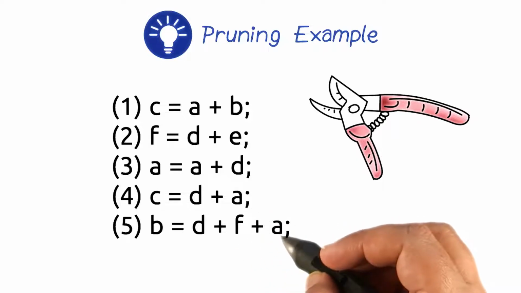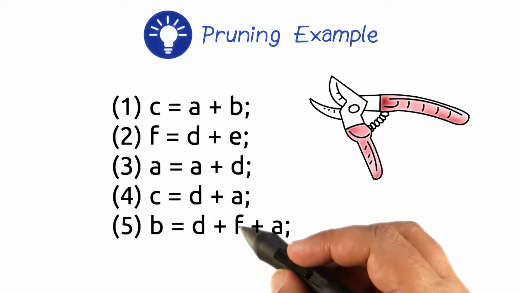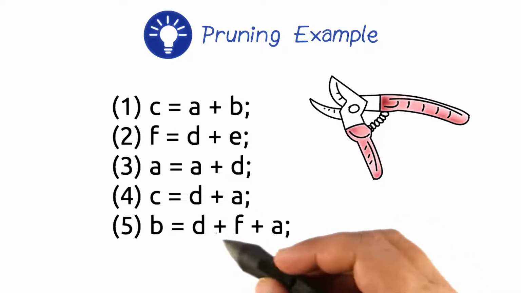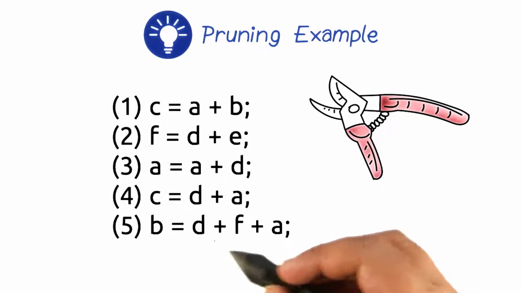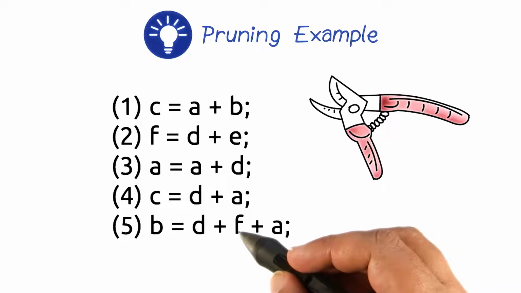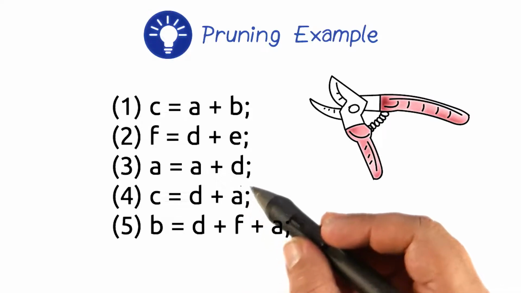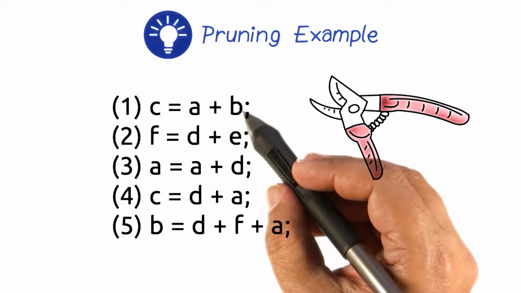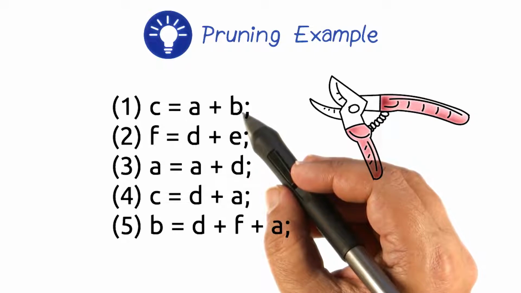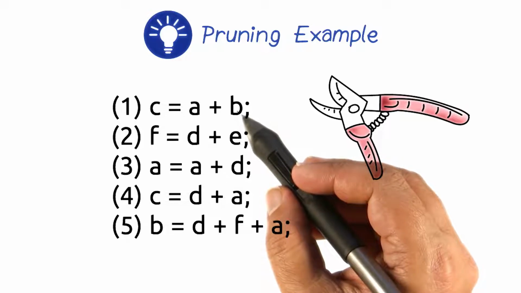So for example, for the last one, we could start by doing A first, then F, and then D. So we could associate the expression in a different way, starting with A to F and then the resulting expression to D. So let us look at this example and work through it to see how different access sequences are possible, what access graphs they lead to, and how those access graphs could be pruned to keep only the minimum cost or the lowest cost access sequences that we introduced earlier.